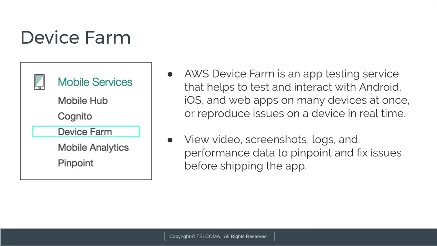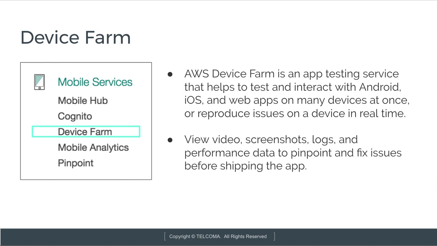Next, we have Device Farm. What Device Farm is? This is basically an application testing service that can help to test and interact. That means we are building a mobile application. Now, after building and customizing, we need to test. So, this is basically an application testing service.